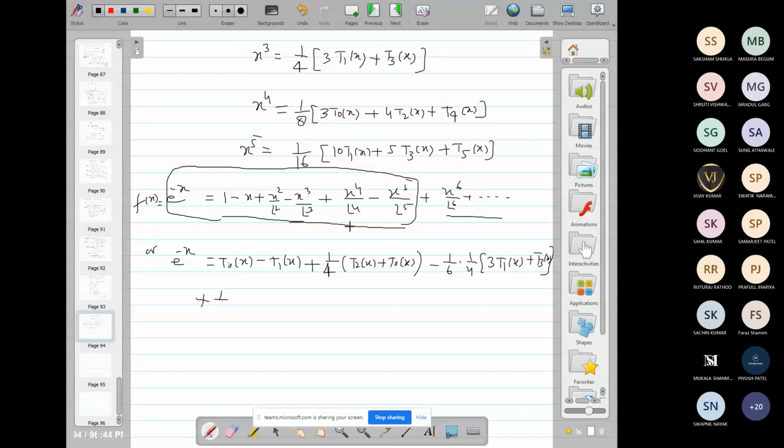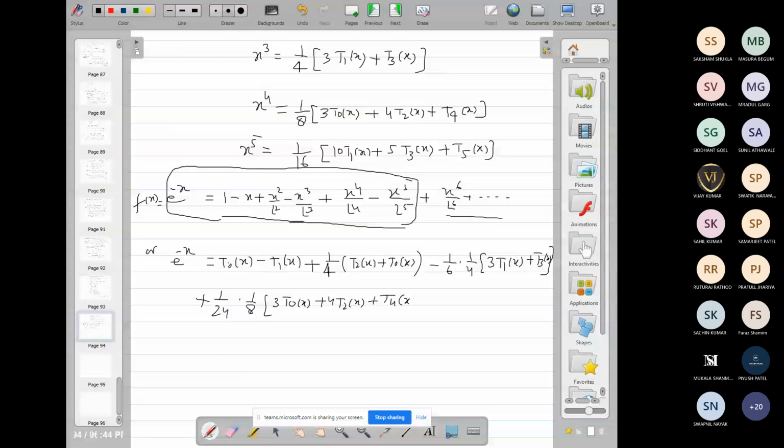So factorial 4 is 4 into 3 into 2, 24, into x to power 4, 1 upon 8, (3t0x + 4t2x + t4x).